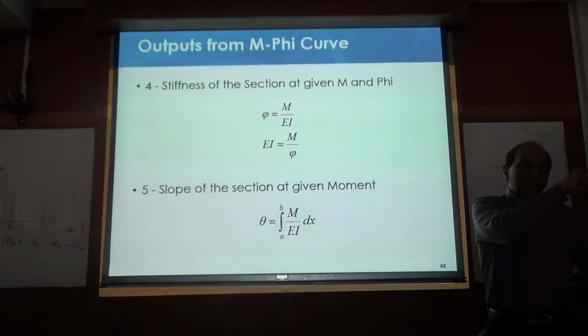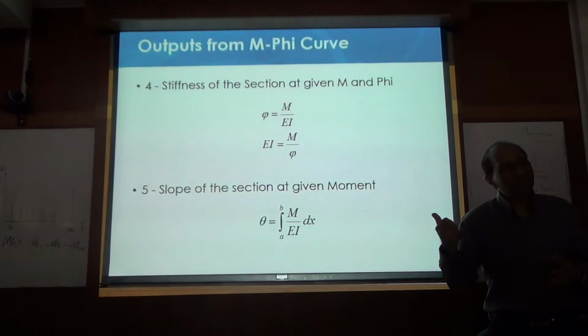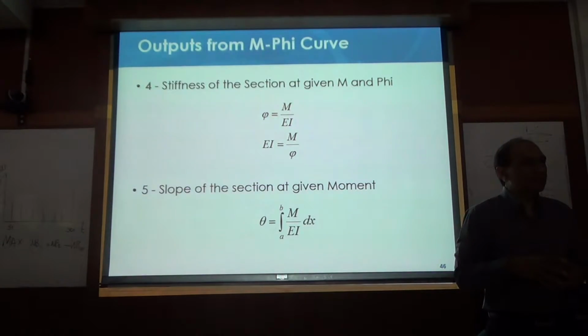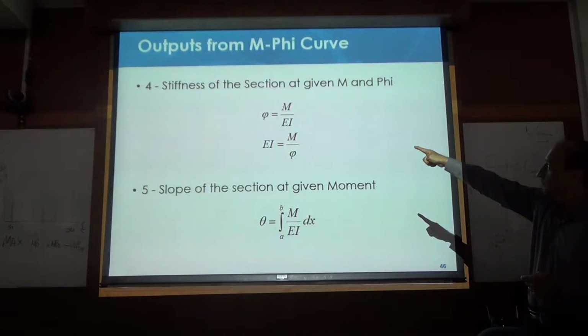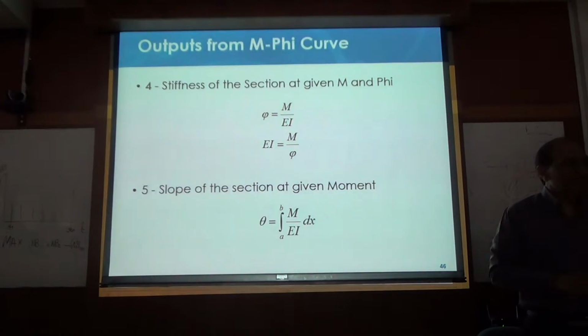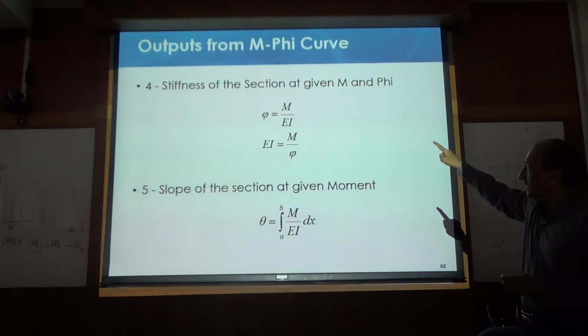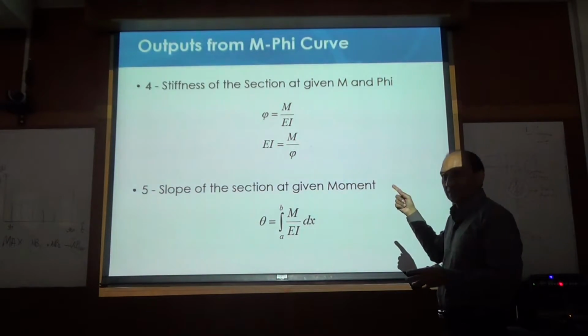So we do not need to calculate the E value of concrete anymore. We do not need to calculate the moment of inertia of the cross section. Directly, if curvature is known, then for any given moment, stiffness is known. Or if the curvature is known, for any stiffness, moment can be known. So that curve gives you the ability to calculate stiffness.